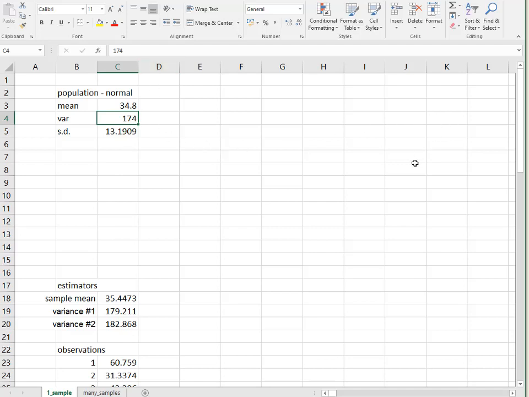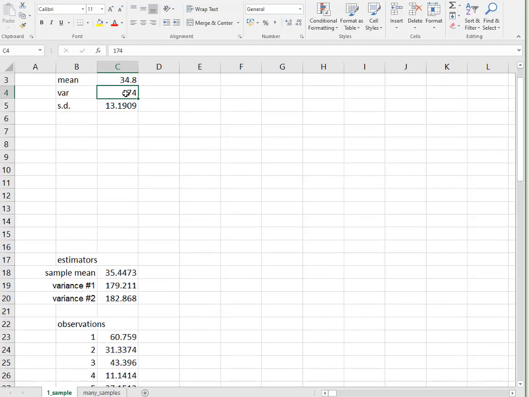But the next part of this demonstration is to show you that even though normally when you do a survey, you take one sample, we can't really understand how close your sample is likely to be to these true population numbers unless we think about what happens if we take many, many samples. It's like pressing F9 many times. Then you can get an idea of how good this is.